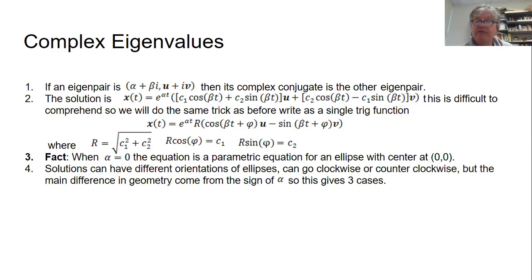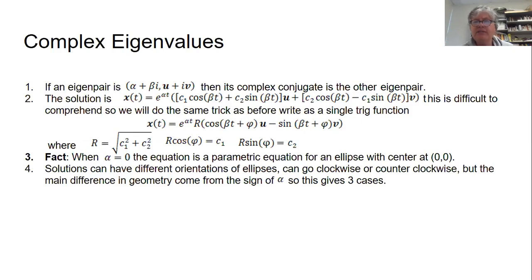We introduce r and phi. So r is the square root of c1 squared plus c2 squared as before. And r times cosine phi should equal c1, and r times sine phi should equal c2. And that gives it to us. And that is easy to comprehend, because when alpha equals 0, that equation is a parametric equation for an ellipse centered at 0, 0. Remember, ellipses have two foci, and if you look at the midpoint between the two foci, you get the center, and that's 0, 0.